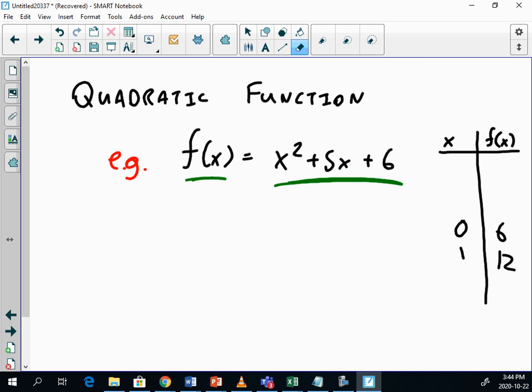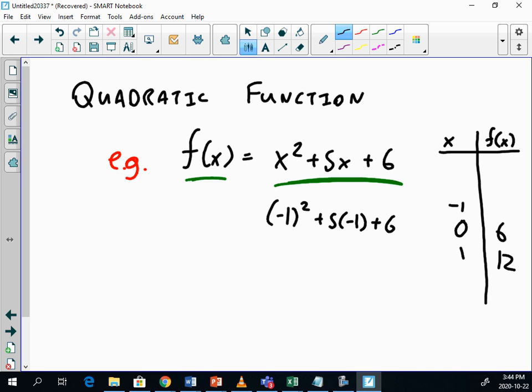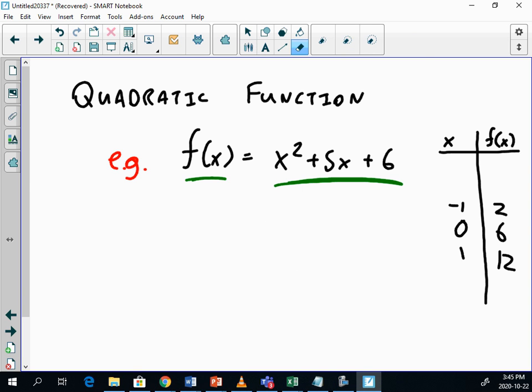Or I could try negative 1. So that would be negative 1 squared plus 5 times negative 1 plus 6. But that would be 1 minus 5 plus 6, which would be 2. Or I could try something like negative 2.